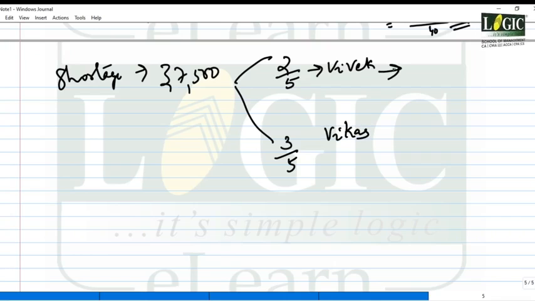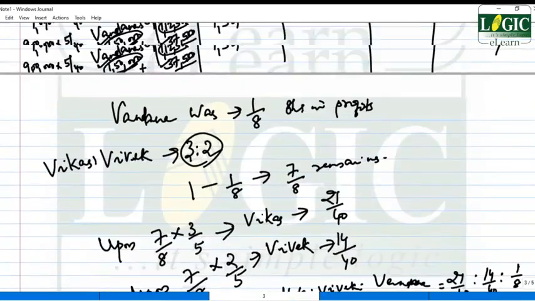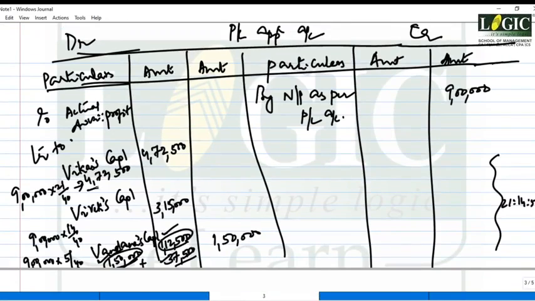So 2 by 5 will turn out to be 15,000 and the other person will have 22,500. Now what is to be done? This 15,000 is to be reduced from his actual share, that is minus 15,000 in the inner column. You put the difference in the outer column, 500.